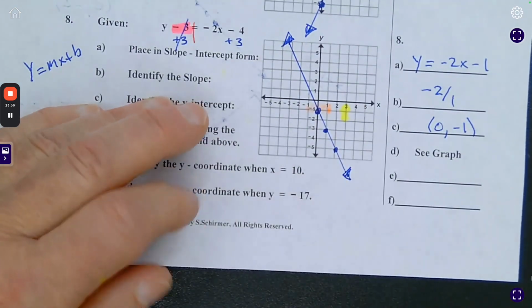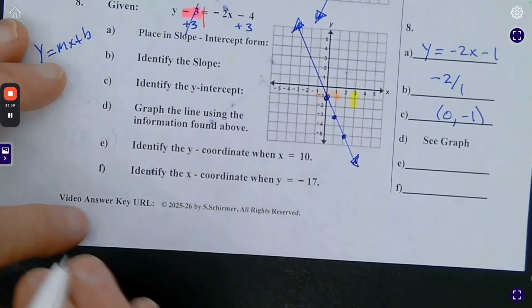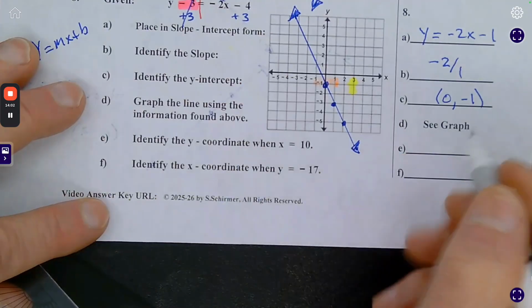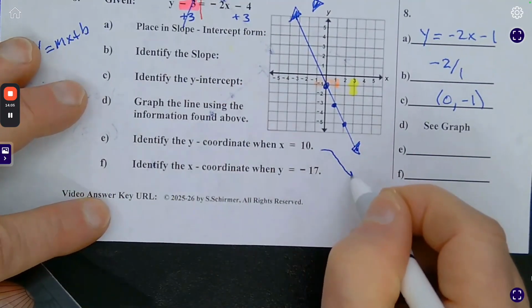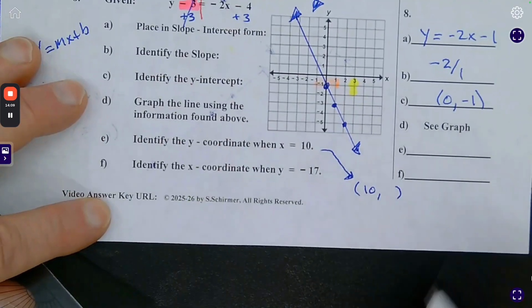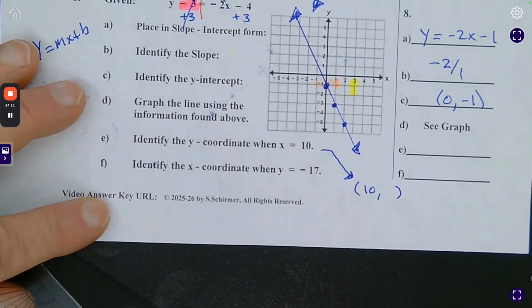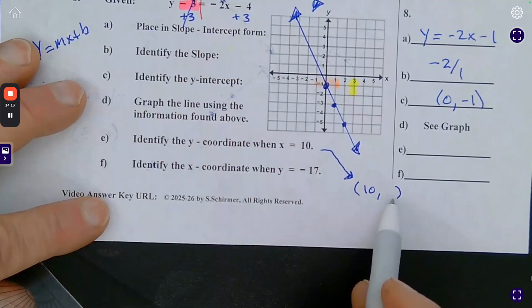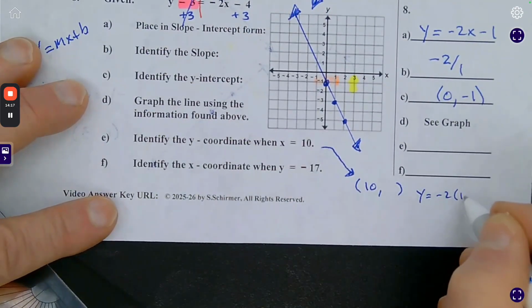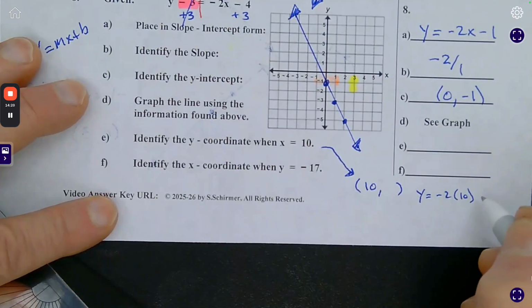All right. Now, they got some other questions here. Identify the y-coordinate when x is 10. So when they say identify the y-coordinate when x is 10, that means we know x is 10. A coordinate means an ordered pair or a point. So I got to find the y. Well, to find the y, just go to your equation, and where you see an x, put a 10.